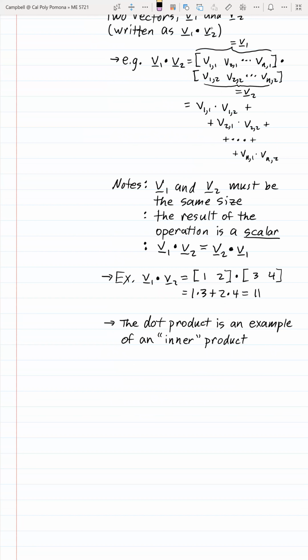And what do I mean by an inner product? Well, this is an operation.